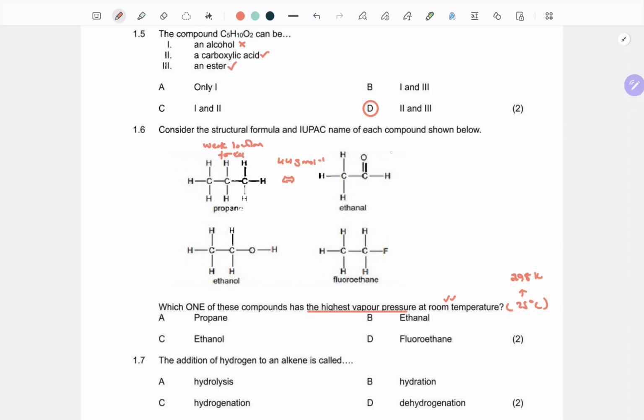And then here we've got dipole forces plus weak London forces.